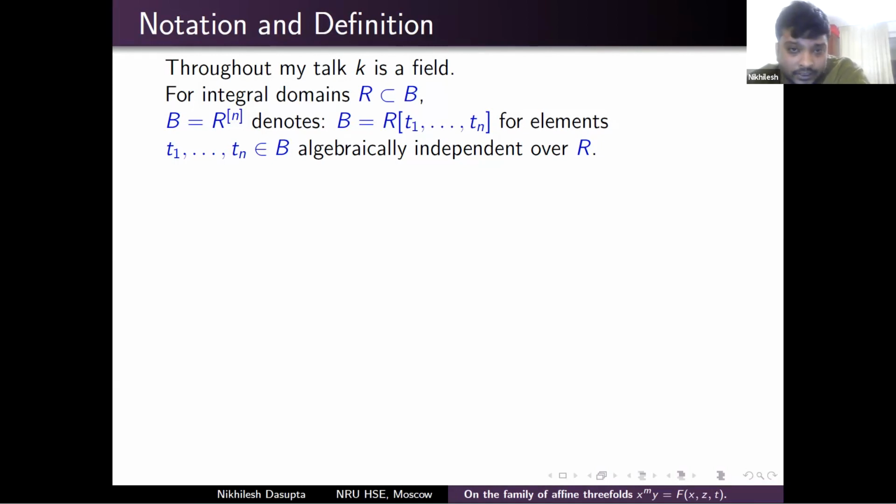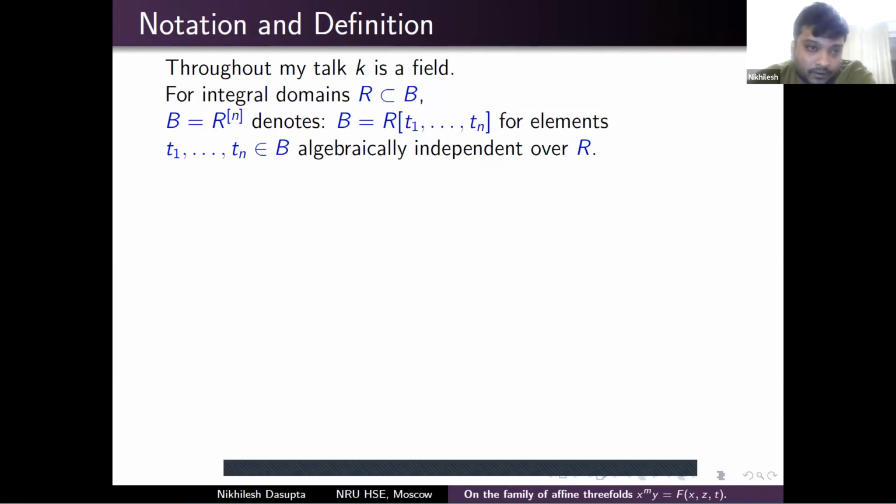To denote that B is a polynomial algebra over R, we use the notation B = R^[n], or I will say B is R^[n]. This means B is a polynomial ring in n variables over R. And if I say equal to, I mean whenever they are isomorphic, I will also use this equality sign. So it stands for both.